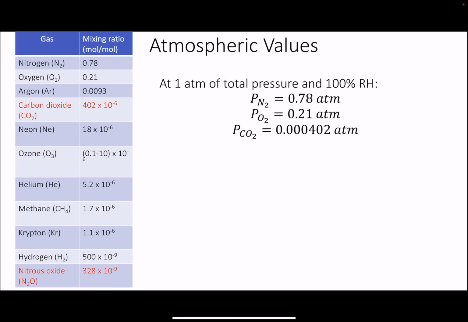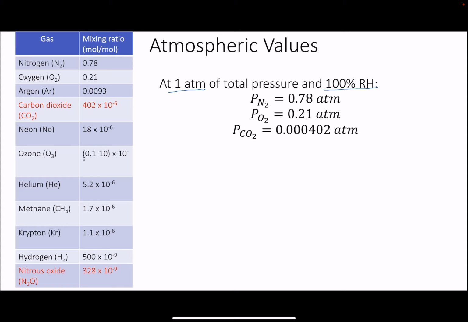And on the left, I've given the gas concentrations as mixing ratios, which is mole per mole, so mole of gas per mole of atmosphere, or per mole of air, really. And the reason it's easiest to look at these ways is because they translate to percentages fairly straightforwardly. So at 1 atmosphere of total pressure and 100% relative humidity, the partial pressure of N2 gas is 0.78 atmospheres, which is essentially equal to 0.78 mole per mole.